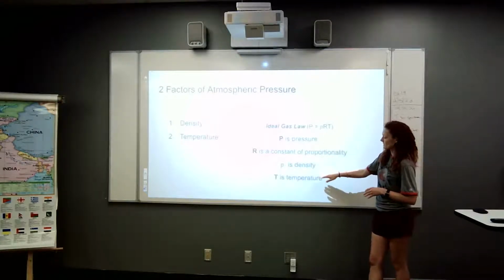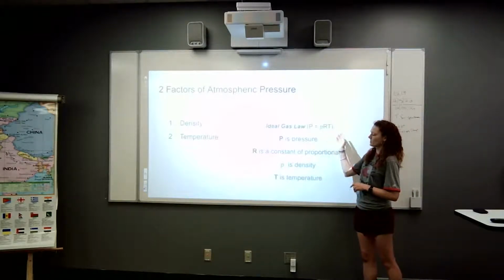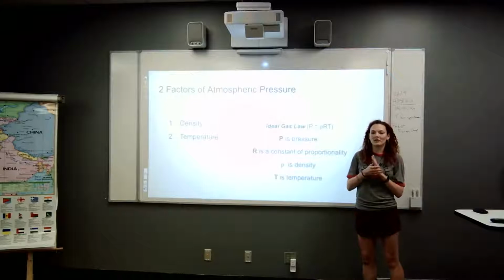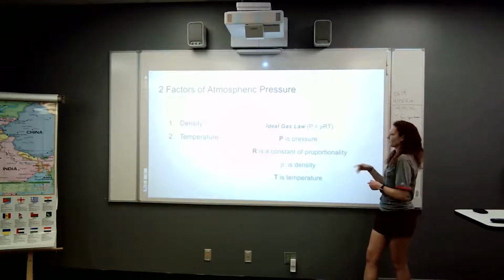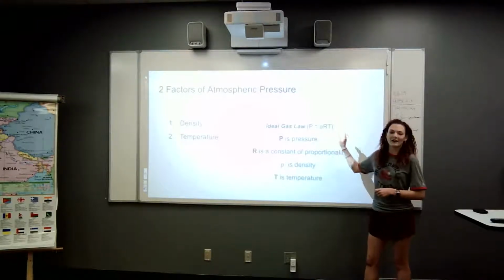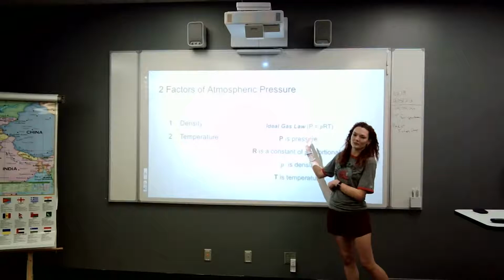Then we have our density and our temperature. In this formula, if one of them increases, the other one is going to decrease and be affected, and vice versa. So this just shows the relationship. You don't have to use the formula to calculate anything. It's just showing you how density and temperature can affect atmospheric pressure.